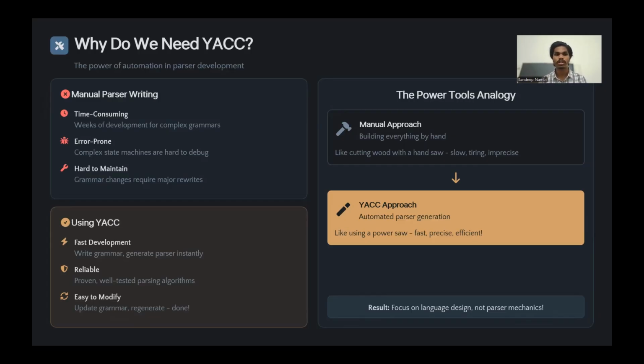Think of it this way: manual parser writing is like cutting a book with a handsaw, which is slow, tiring, and imprecise. Whereas using YACC is like using a power saw, which is fast, precise, and efficient. So you get to focus on language design instead of parser mechanics.